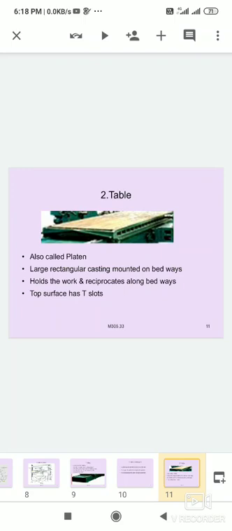The workpiece is fixed on the work table. It has T slots for clamping the workpieces using vices, clamps, T-bolts, angle plates, etc. Different types of clamps are used.